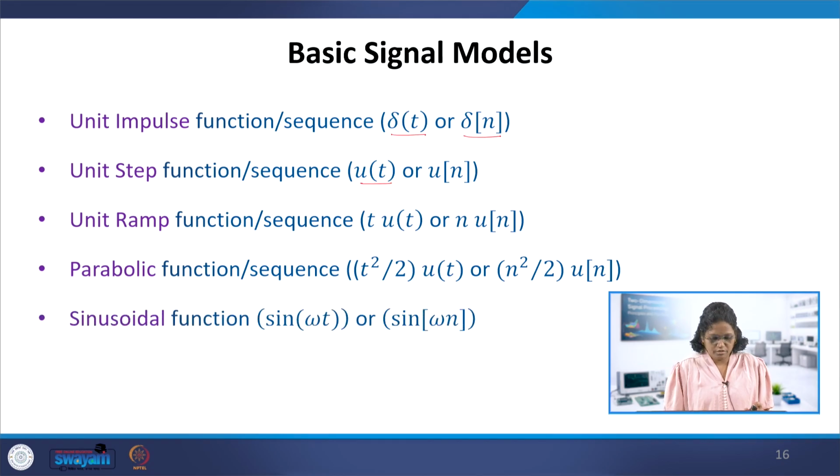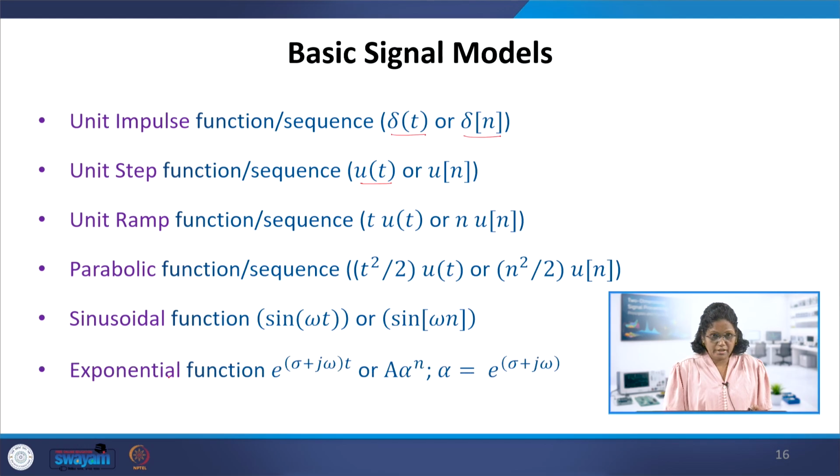Also the sinusoidal function, sin omega t or sin omega n, and cos omega t or cos omega n, are basic signal models. That can be written in terms of sine. Then the exponential function, e power sigma plus j omega t, can be written as e power sigma t e power j omega t, or we can represent it as capital A alpha power n, where alpha can be e power sigma plus j omega.